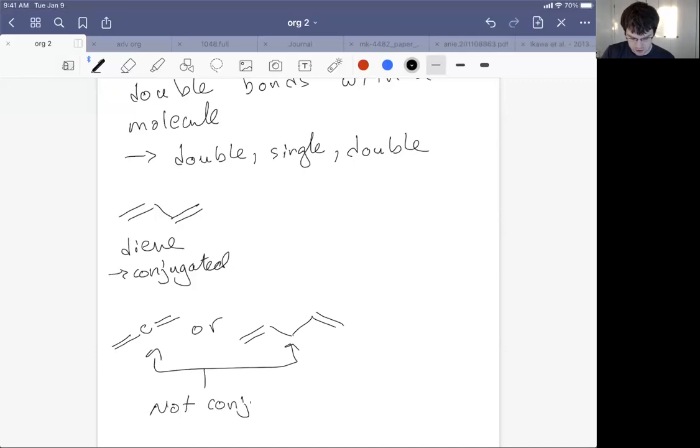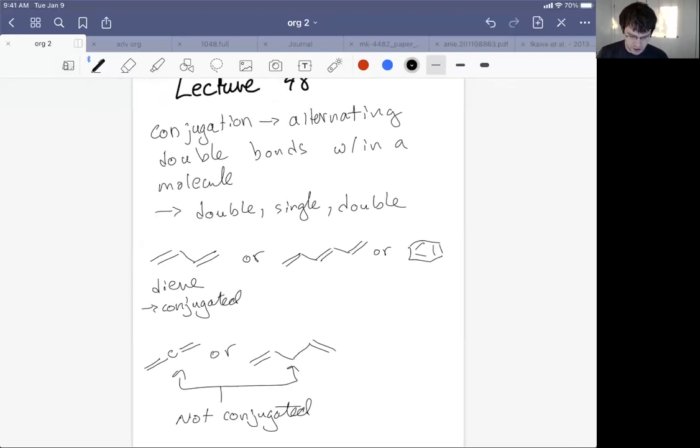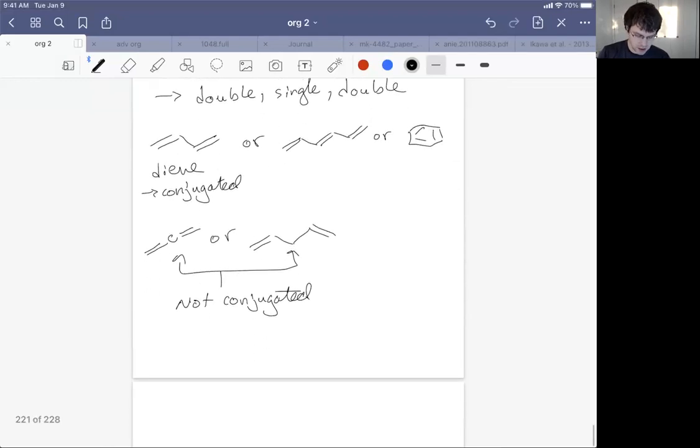We need double, single, double. Or, another example of being conjugated is we could have more pi bonds. And then the most famous one is probably benzene. Okay, so these are all conjugated systems, alternating double, single, double, single, double.